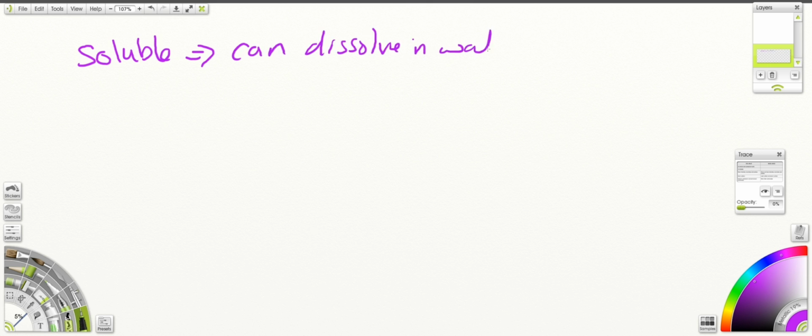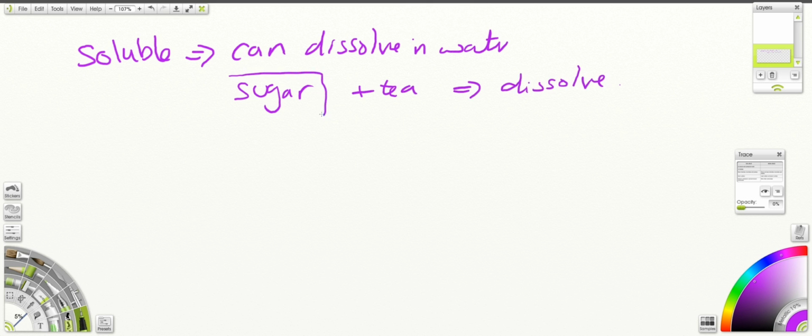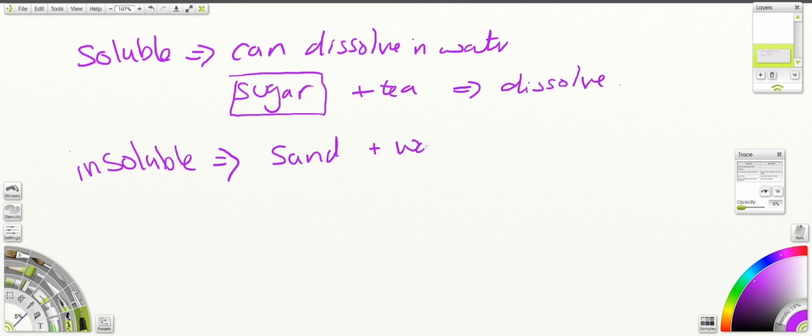Right, and a basic example of that is you put your sugar in your tea and the sugar dissolves. So we can say that the sugar is soluble in this case. An insoluble thing is something that does not dissolve. So let's say you got some sand and you try and dissolve that in some water. It's not going to dissolve, and so that we say is insoluble.